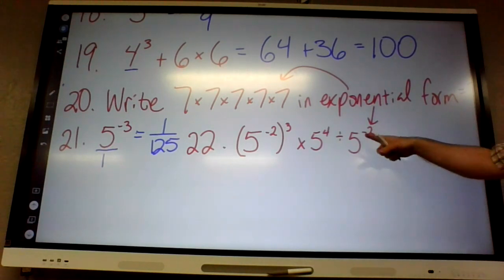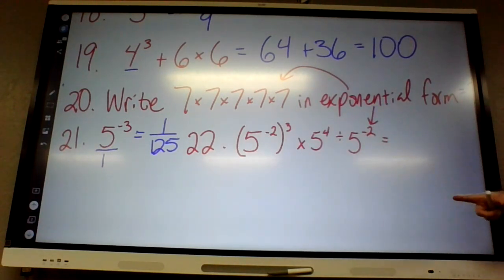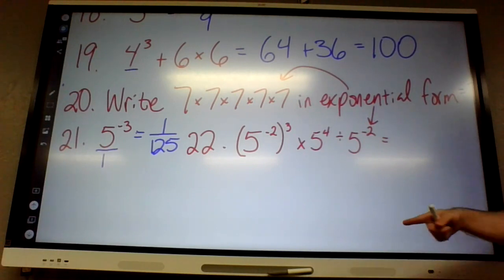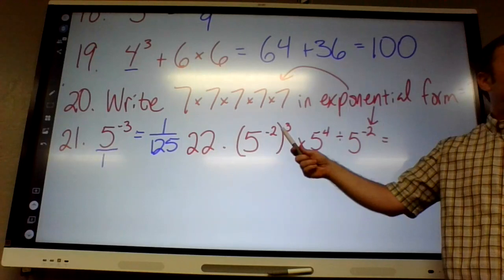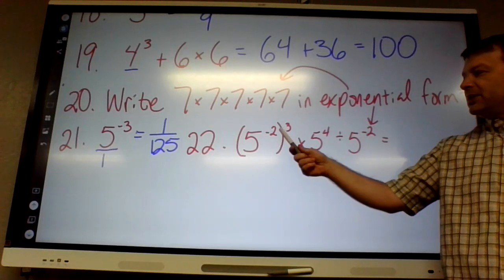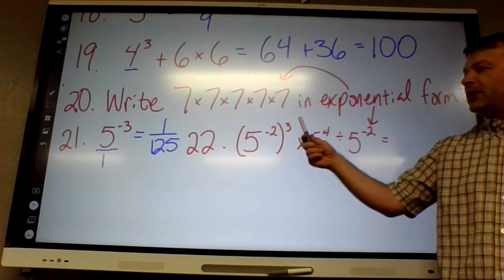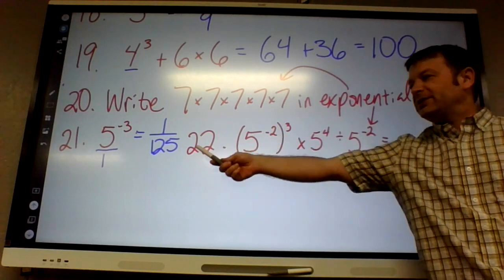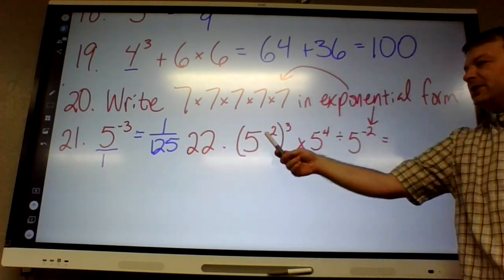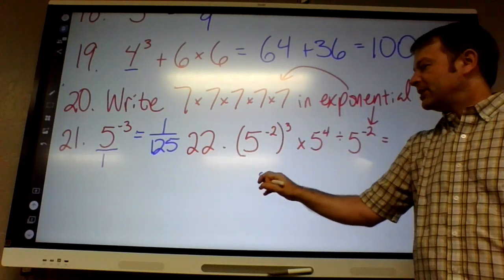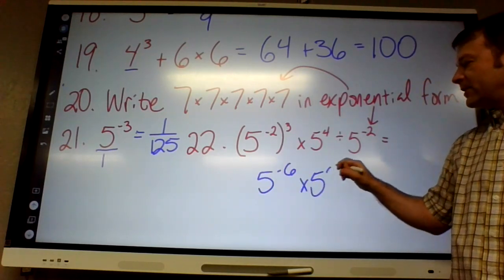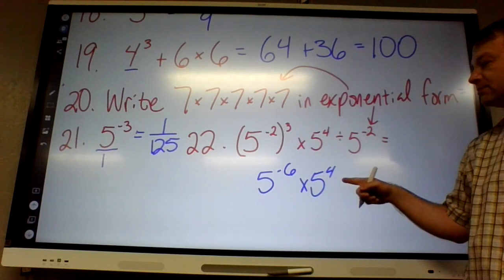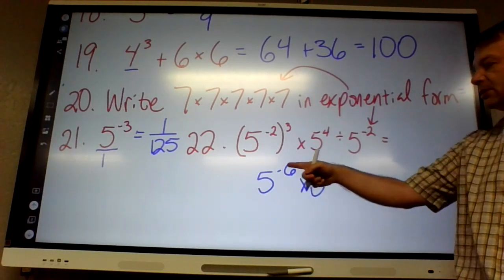Okay, this one, 22, is supposed to be exponential form. Luke, you got the tough one. 5 times 5 on the bottom, which is 25. Okay. What do we do with the exponents in this case? We're not simplifying like this. We're doing negative 2 times 2. Yes. So that'd be 5 to the negative 6. And then what do we do with the 5 here? Add it.